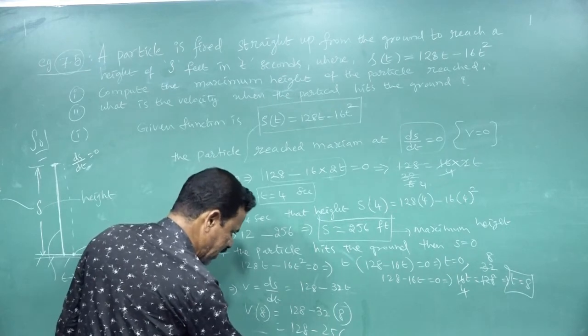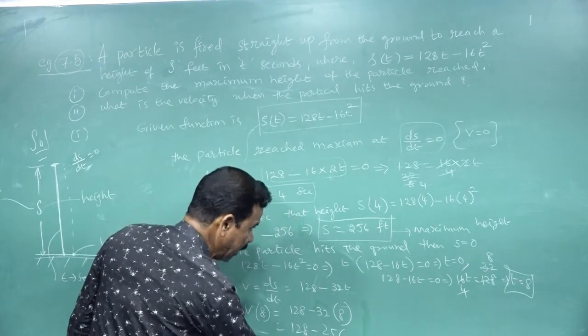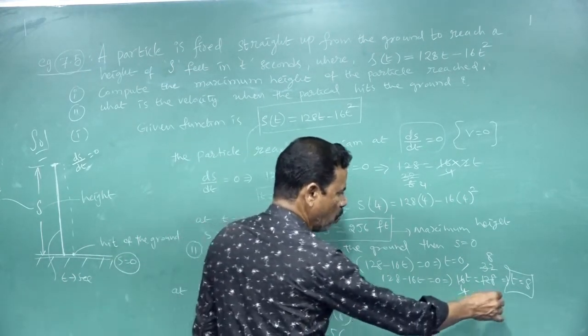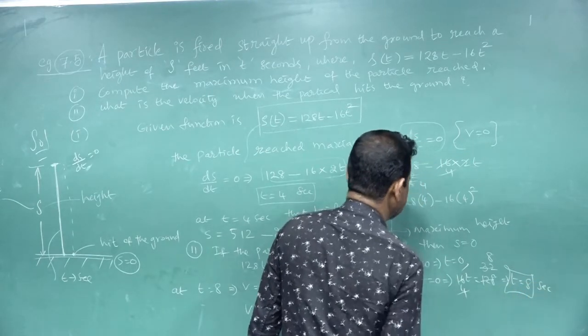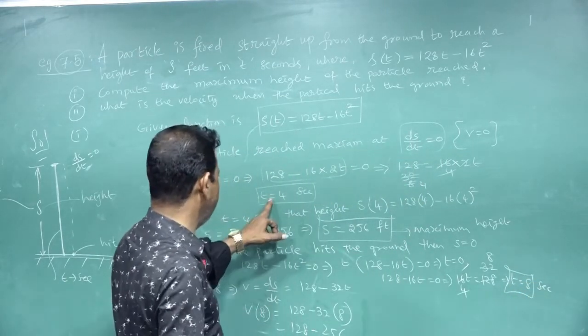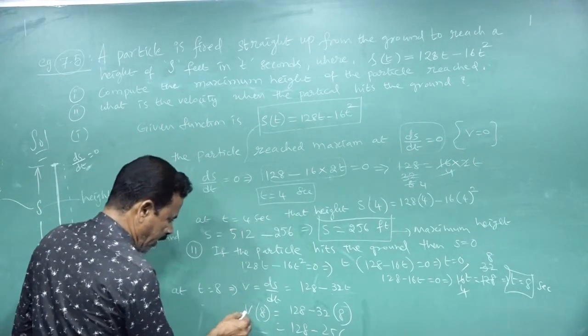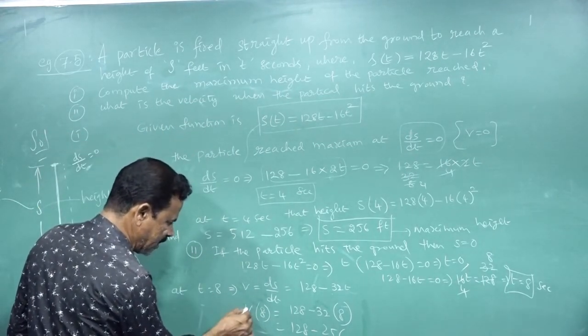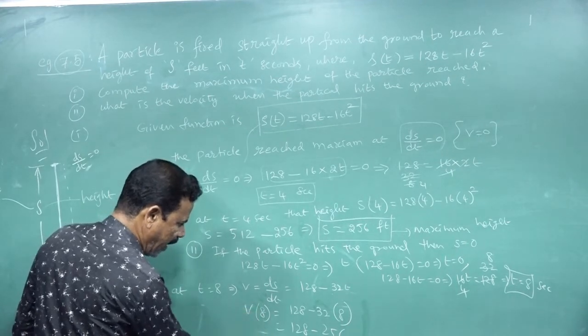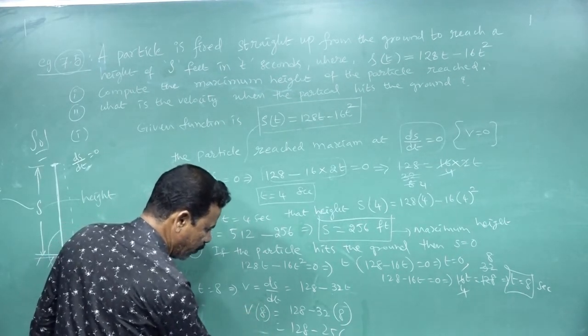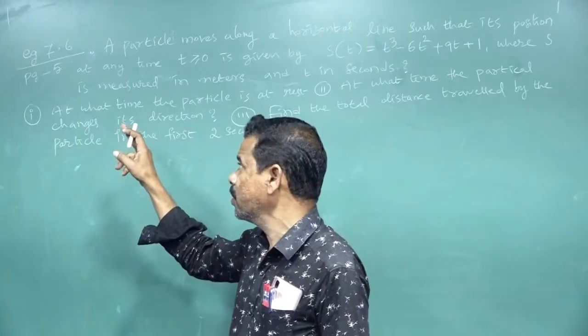Velocity feet per second. So here t is equal to, this is seconds, 8 seconds. And after that here t 4 seconds. At 8 seconds, that velocity is minus 128 feet per second.